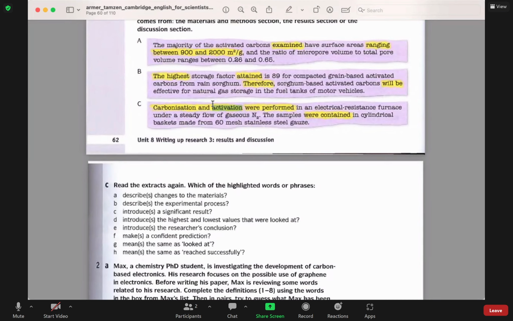The next one, introduce the researcher's conclusion. Contained. There will be. Therefore. Therefore, yeah. Make a confident prediction. That's will be. Yes, right. It means the same as looked at, like a synonymic word.